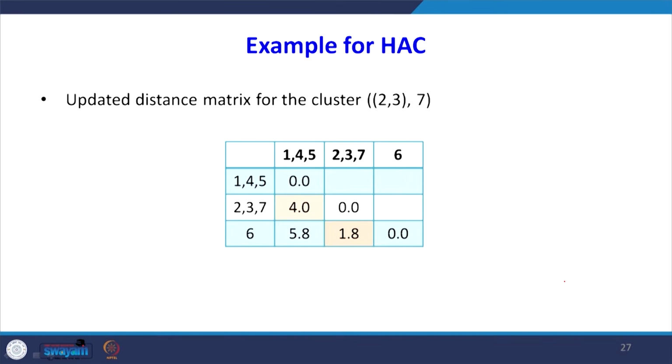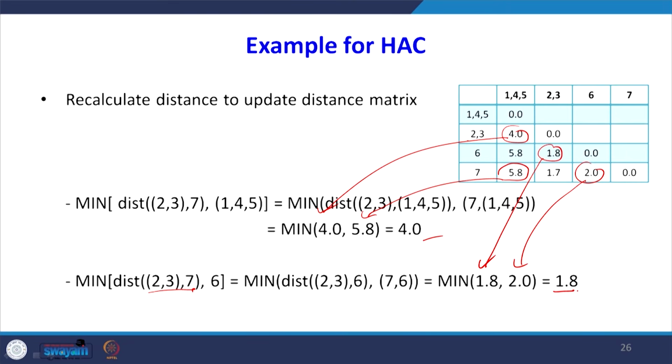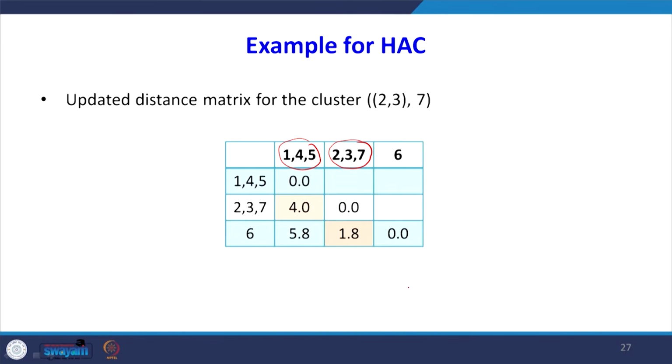Now, in the updation you see that we have formed 2 clusters, in that 1, 4, 5 is one group, 2, 3, 7 is another group. This is the updated distance matrix. This value 4 we got from here, this 1.8 we got from here.